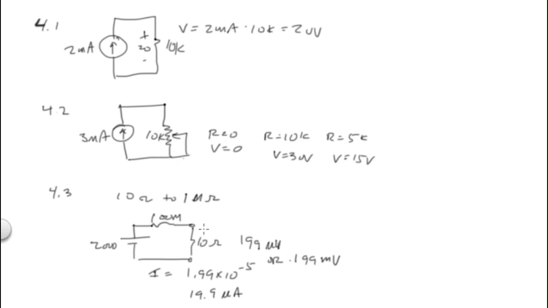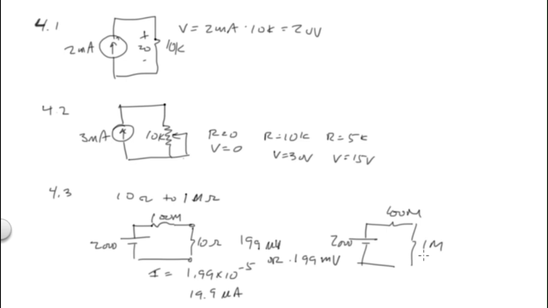Now we start putting a bigger number in there, 1 meg. If we put 1 meg in there, we're going to get a little bit less current, but the voltage is going to go up. So we have 1 meg ohm plus 100 meg, that would be 2,000 divided by 101,000,000.